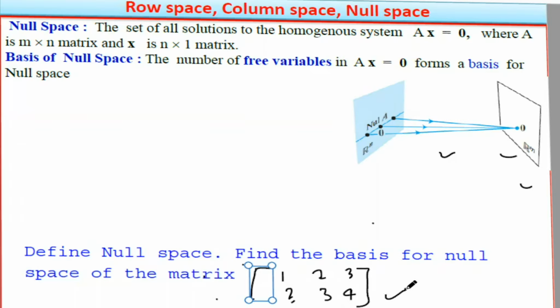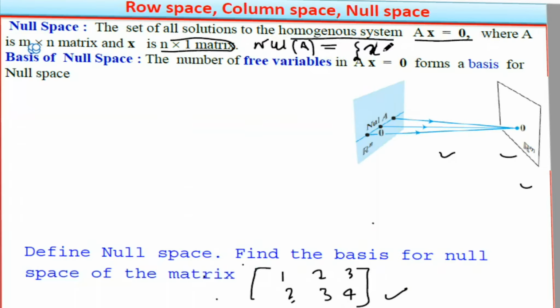So that in the knowledge space, the set of all solutions of the homogeneous system Ax equal to 0, where A is an m by n matrix and X is an n by 1 column vector, is the null space, null A. We write null A, the null space, as the set of all vectors X belonging to Rn such that Ax equals the zero vector.